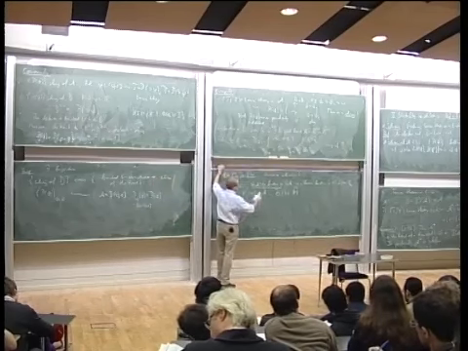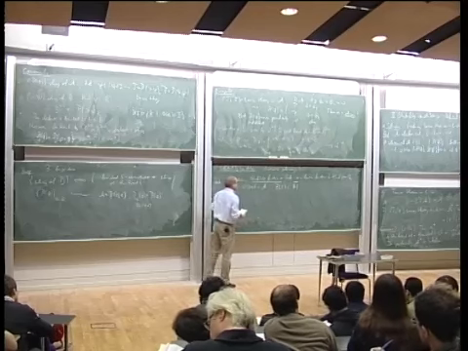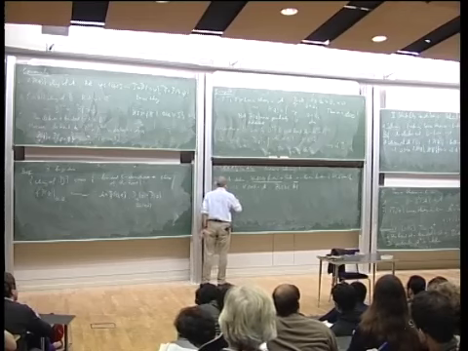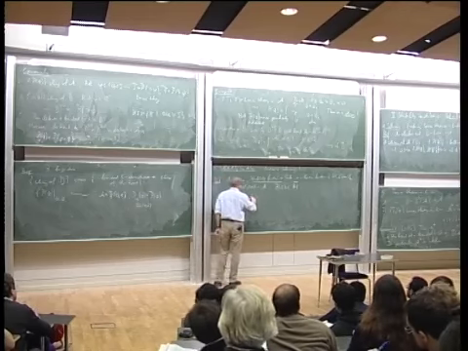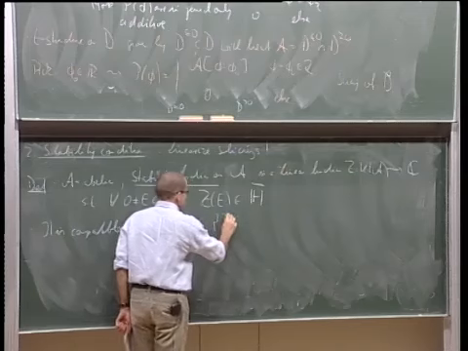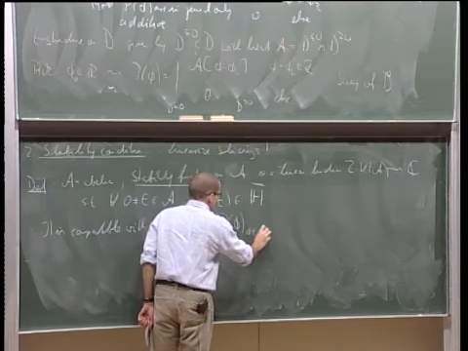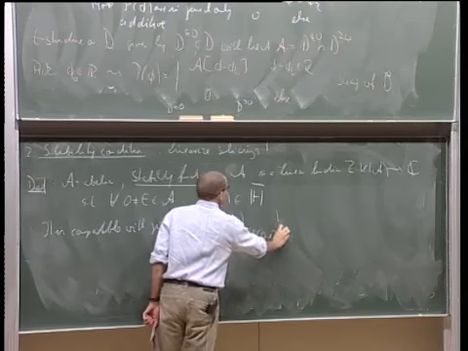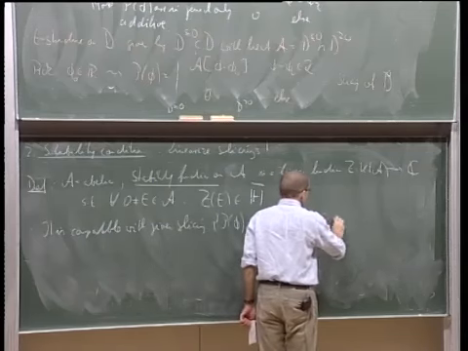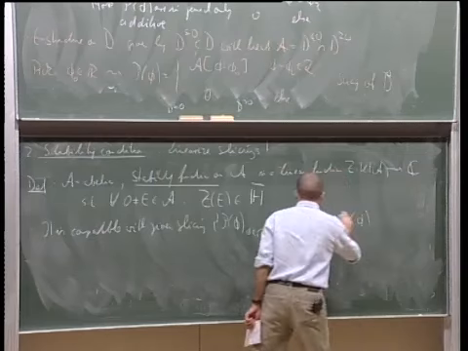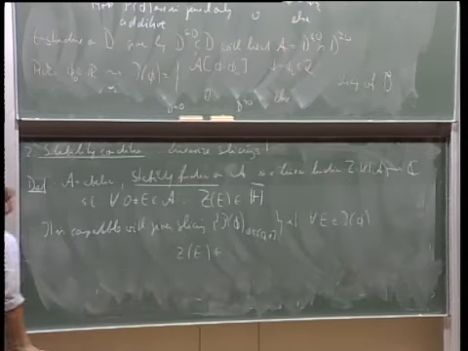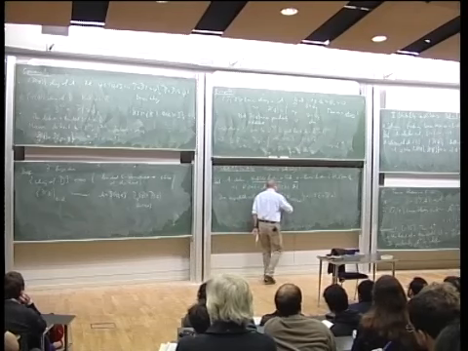The stability function is just a linear function on the Grothendieck group. I say this is compatible with a given slicing of the abelian category if for all E in P of phi, the value Z of E is, up to a real constant, given by the exponential of the phase.